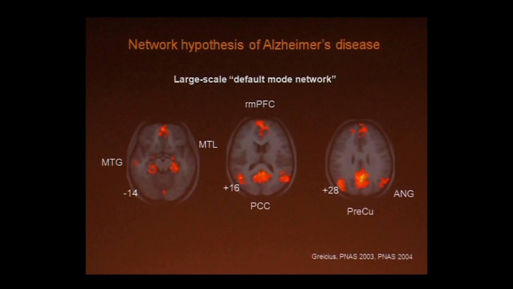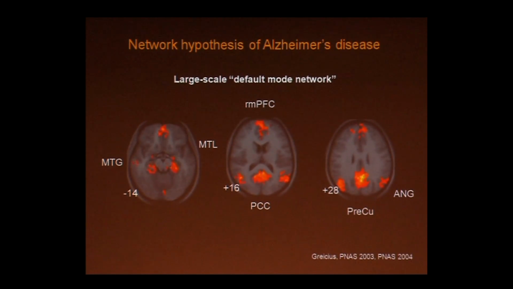Now what's changed recently is that we've developed tools to study network organization and functional interactions among brain regions in living humans. So what I'm showing you on this slide, which was published by a collaborator of mine at Stanford University, Michael Greicius, is a rendering of functional MRI brain correlation in a healthy group of young people.